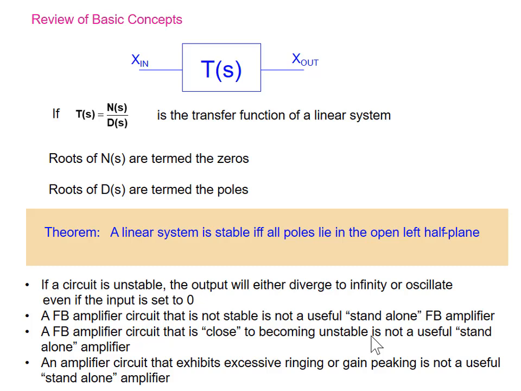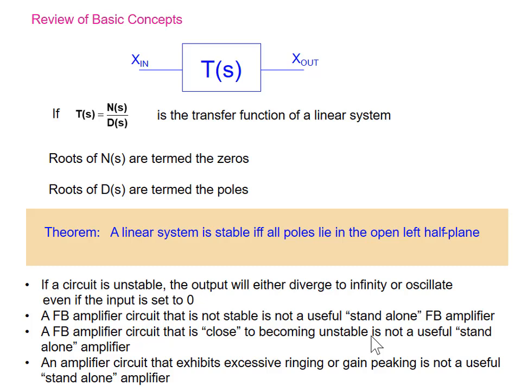An amplifier circuit that exhibits excessive ringing or gain peaking is not useful as a standalone amplifier. Ideally, in the frequency domain, an amplifier response will come out and go down like this. This is the typical ideal closed-loop response, the magnitude of A closed loop.